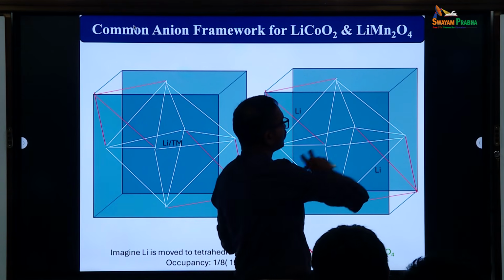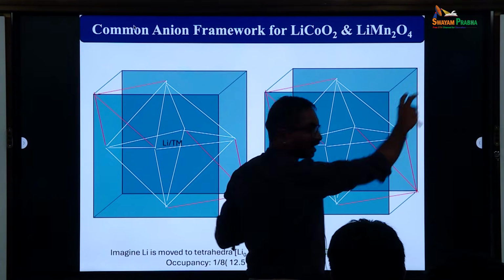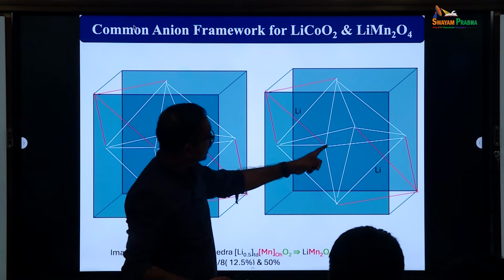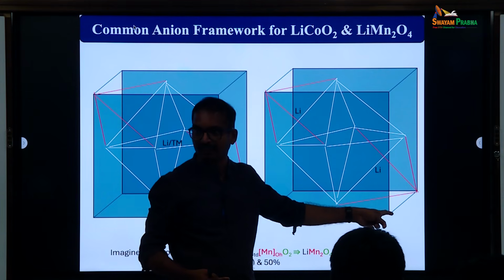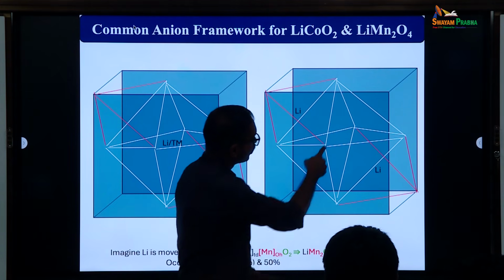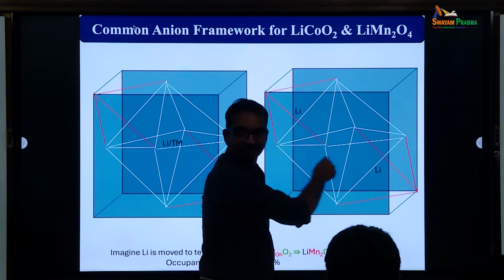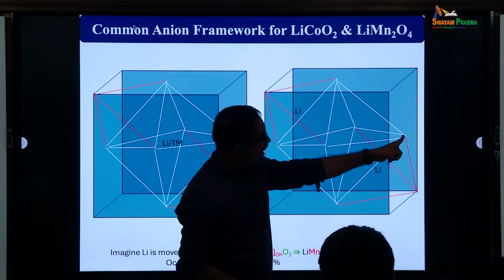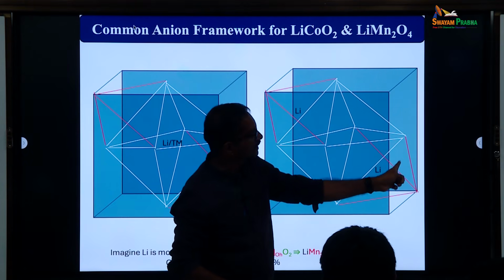And the next octahedra will have the cation inside. So I assume it's a chain of octahedra where every alternate octahedra is empty. That octahedra is capped by the lithium tetrahedra, so there is no cation here, and so there is no repulsion. Actually, this is a corner where another octahedra is meeting this tetrahedra.